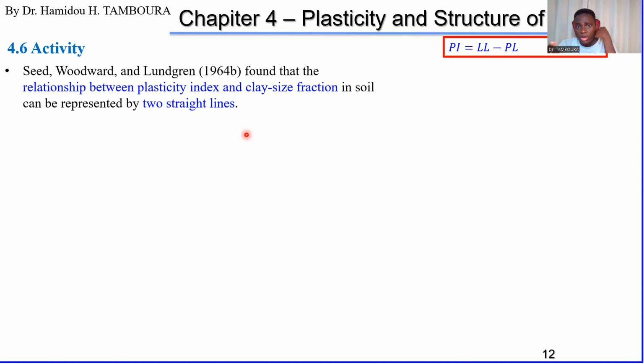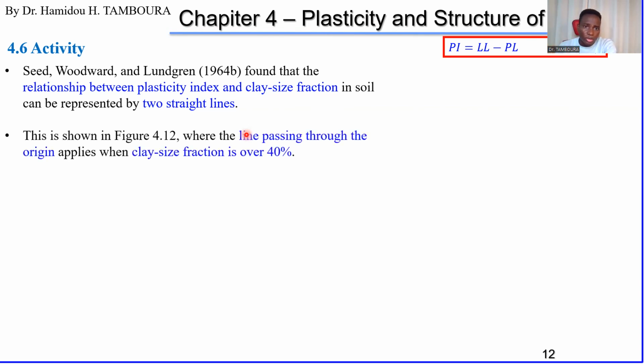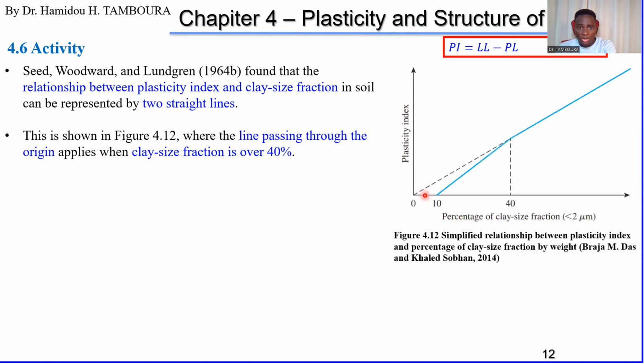There are two possibilities, so they tried to model it to respect both possibilities. Sometimes it may start from the origin like this, but sometimes it doesn't start from the origin like this.